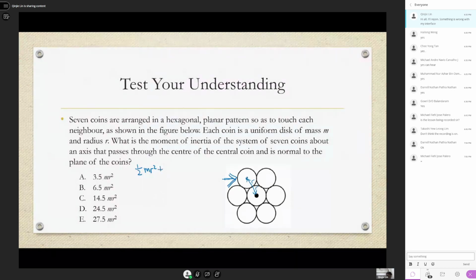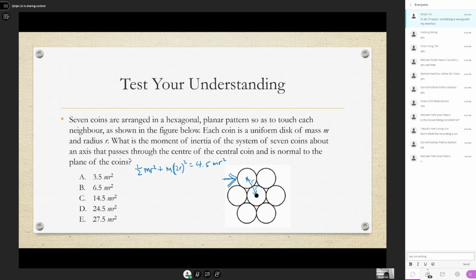So we need to add our md square. What is the distance away? Distance is 2r away, right? So this original one plus md square will account for one coin at the side, and this will give us 4.5 mr square.